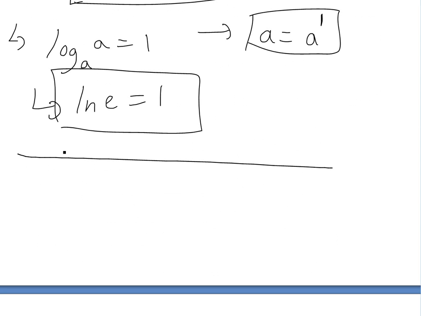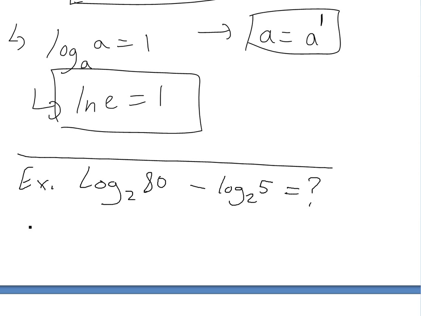Okay, so now let's look at some examples. Using the rules I showed in the previous video, let's try to evaluate this: log base 2 of 2 to the 8 minus log base 2 of 2 to the 5. So what does this equal? If you saw my other video, I showed that log base a of y minus log base a of x just equals log base a of y divided by x.